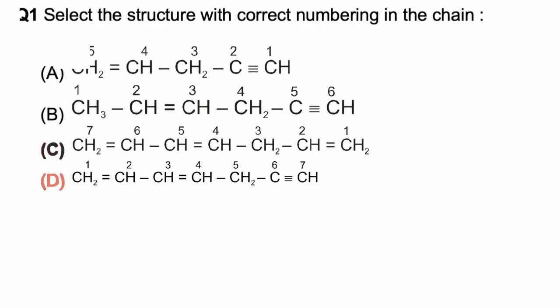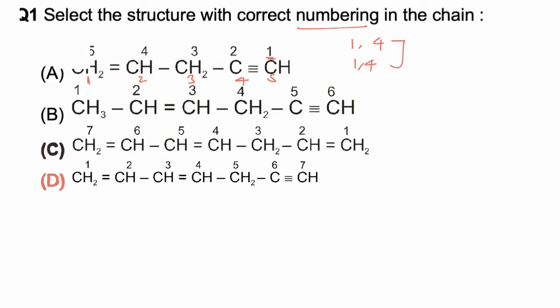In this question, we have to find in which of the following the correct numbering is done. So in the first case, the triple bond and double bond both are present in the same position. If numbering is done from right, then the position of the multiple bonds is 1 and 4. If numbering is done from left, then again the position of the multiple bonds is 1 and 4.